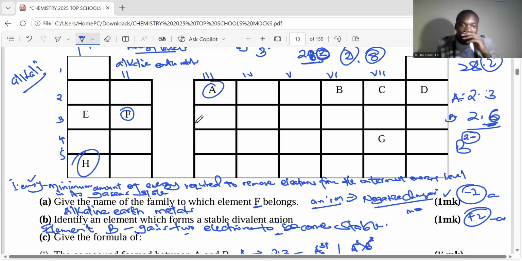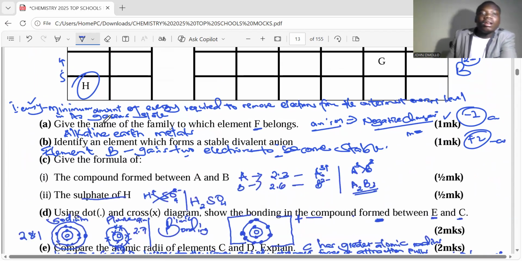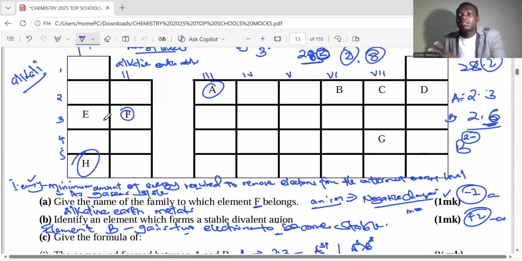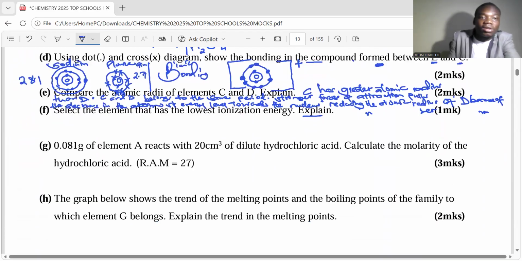I began by saying that elements in group 1, or having the largest period, have the lowest ionization energy. So it is the farthest. The one that is the farthest has the lowest ionization energy. H is the one with the lowest ionization energy.